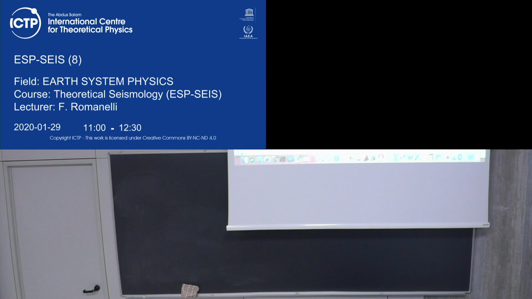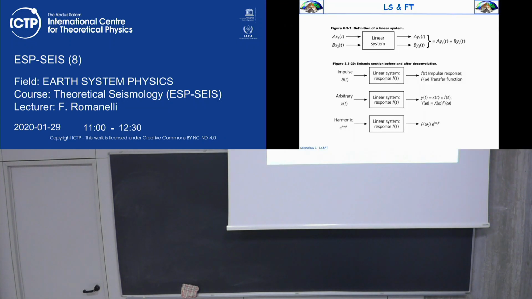Very basic idea, and this is valid for every linear system. Now, is the pendulum a linear system? Can we measure time with a pendulum? Are we sure? If I start from here, we cannot, because it's not linear.